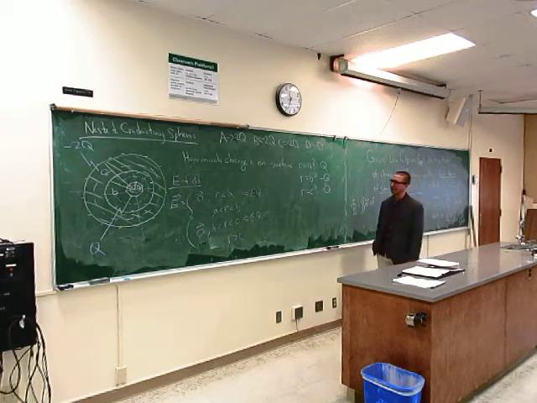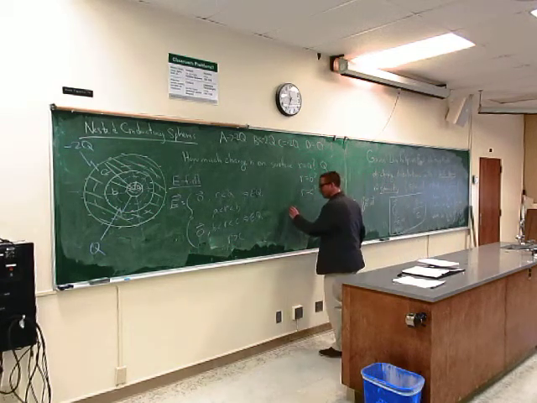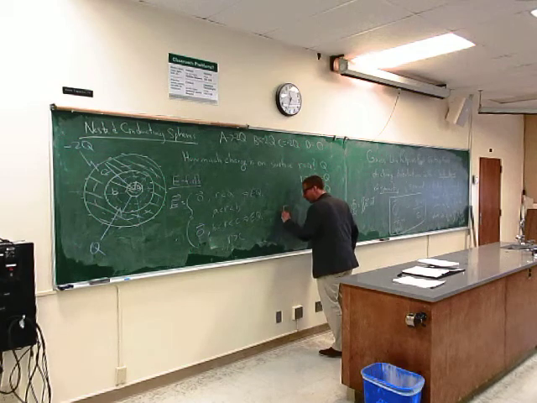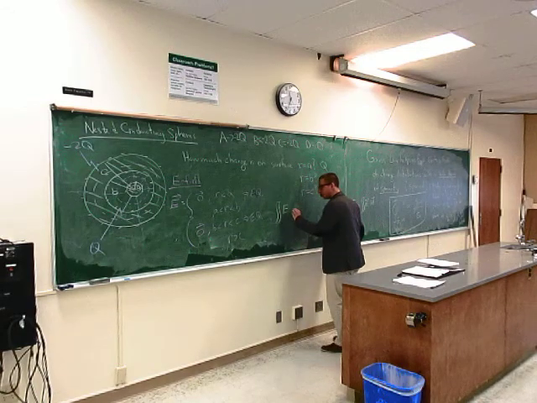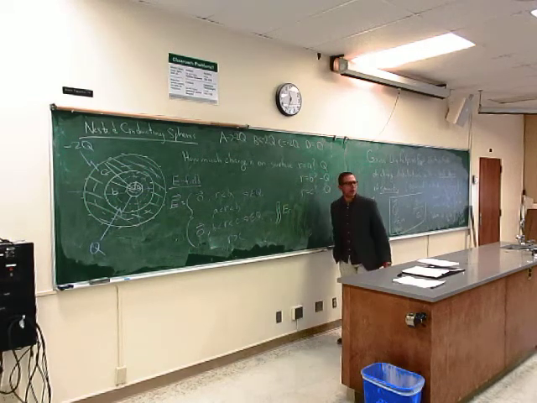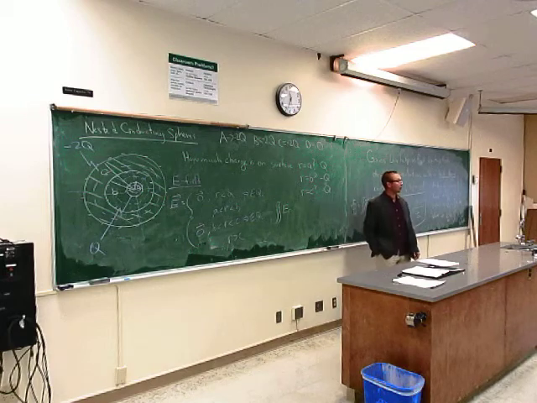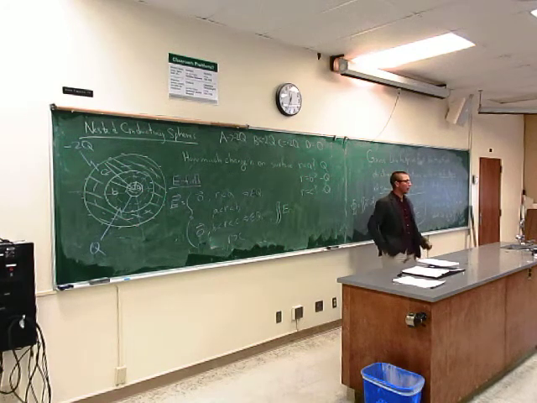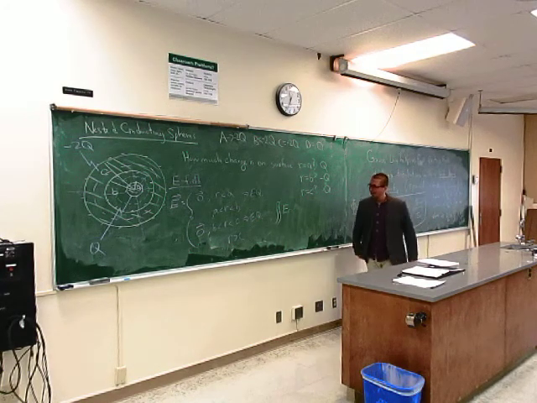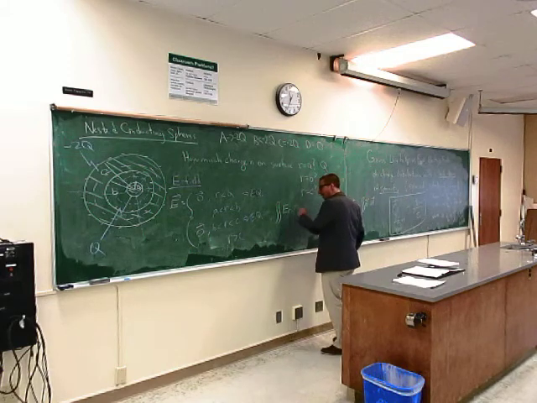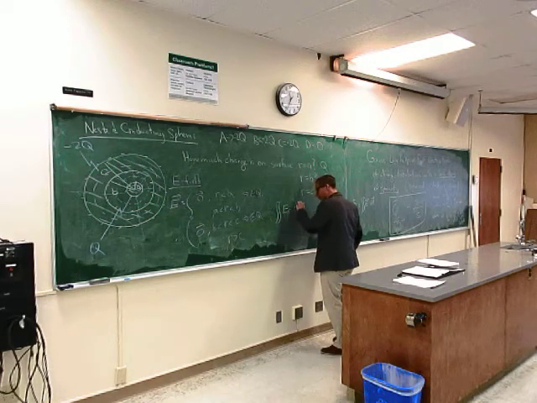So calculating the flux, first of all, we have the electric field, which can only point in the radial direction because we have spherical symmetry. It can only point directly outwards. Multiplied by the area, which is parallel.